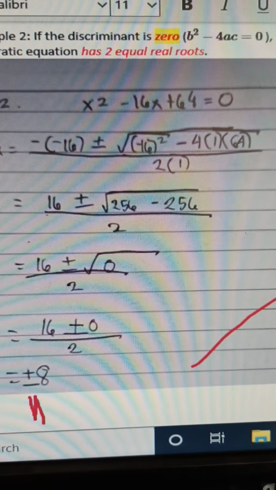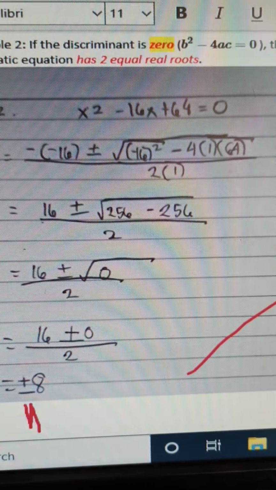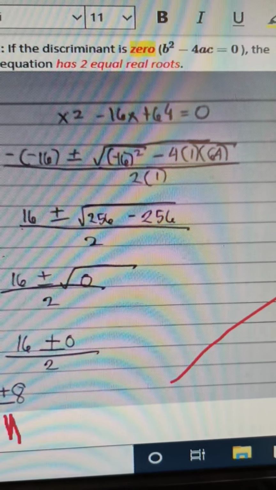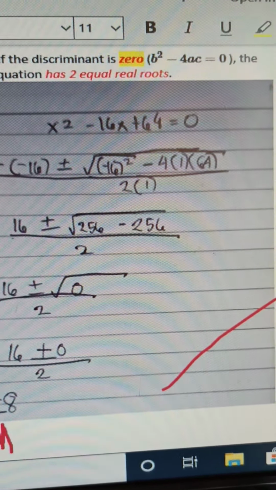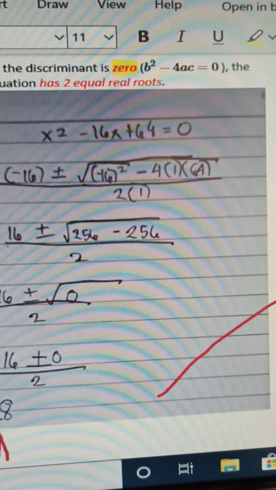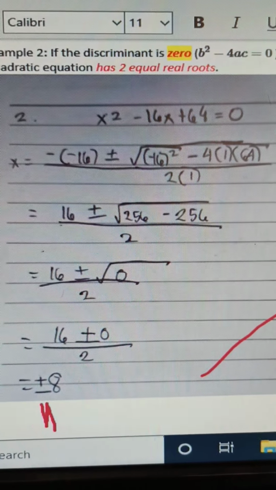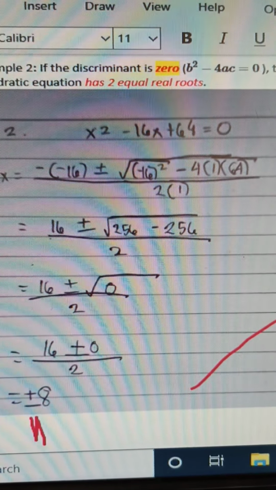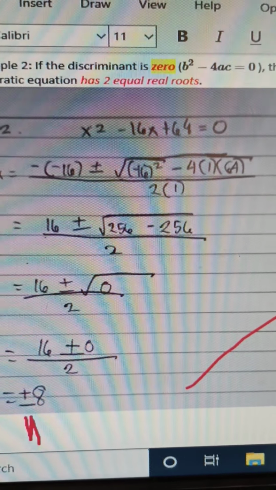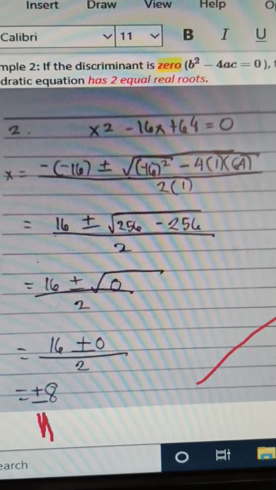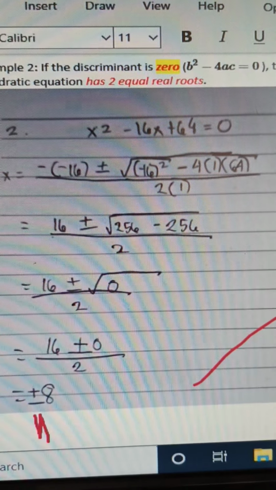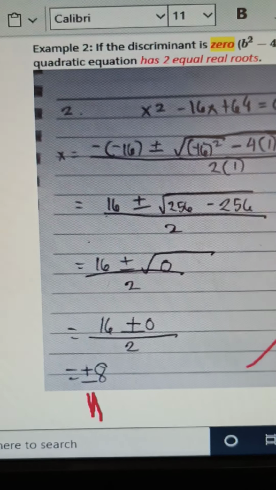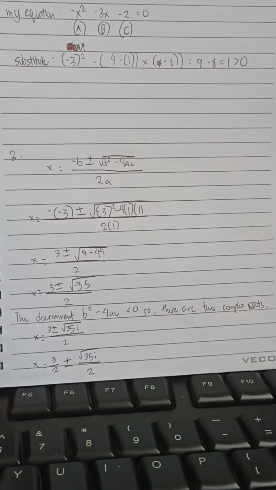So we will have positive 16 positive negative sign square root of 256 minus 256 divided by 2, and it will become 16 positive negative sign square root of 0 divided by 2. So the final answer will be positive negative 8.